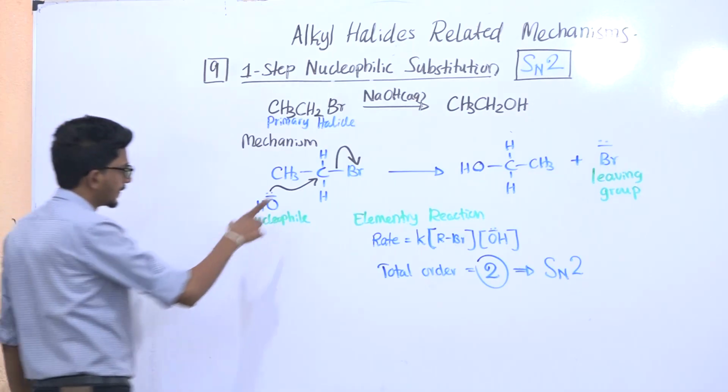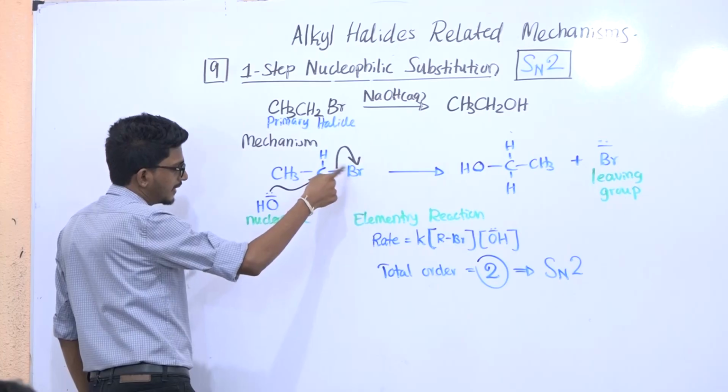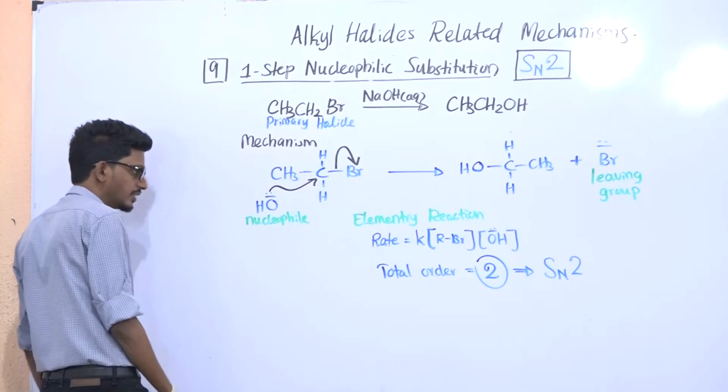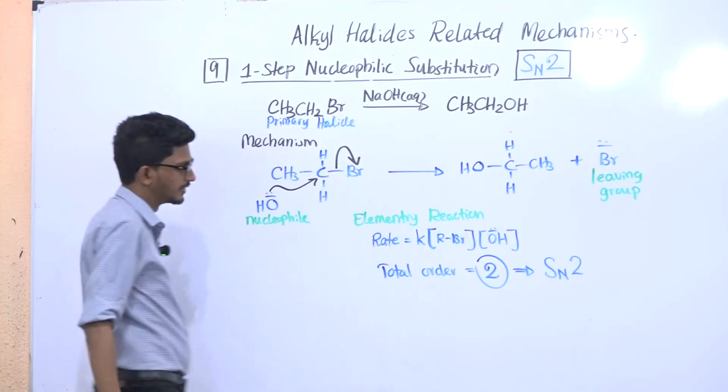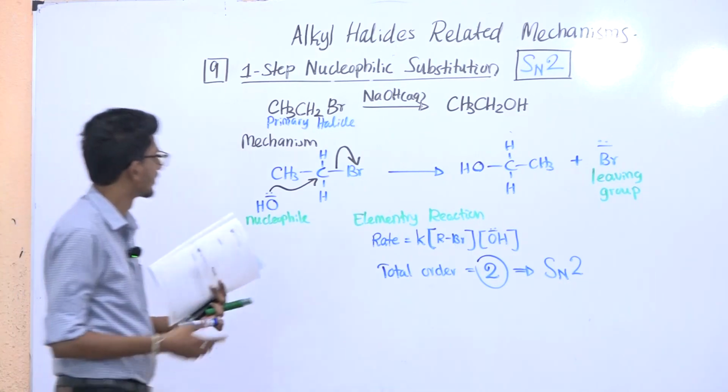The new bond between the carbon and the nucleophile forms, as well as the breaking of the bond between the carbon and the leaving group, happens at once, simultaneously. That is why only a single step is involved. Right? Alright. Let's come up with the next one.